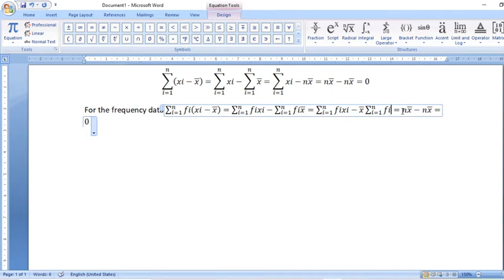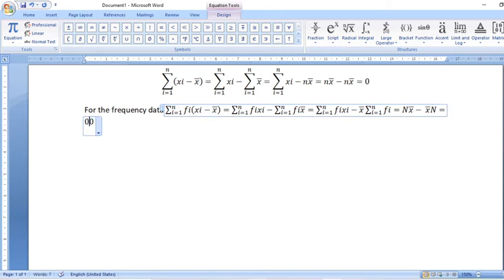So this is exactly equal to capital N into x bar. From the definition of the mean of frequency data, it is nothing but capital N into x bar. And the second part is exactly equal to summation fi, which is capital N. So this is again 0.